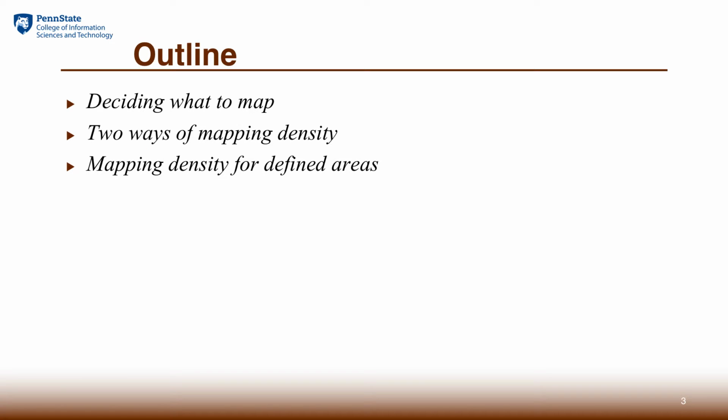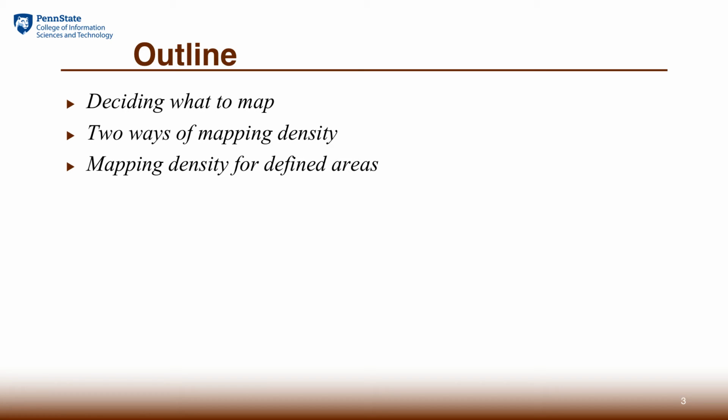Mapping feature densities requires making a number of decisions. First, we need to decide on what kind of data that we are starting with. In some cases we start with individual features. In other cases we have the aggregate number already with the area. And then if we know what kind of input and output, we need to decide among alternative measures of mapping density.